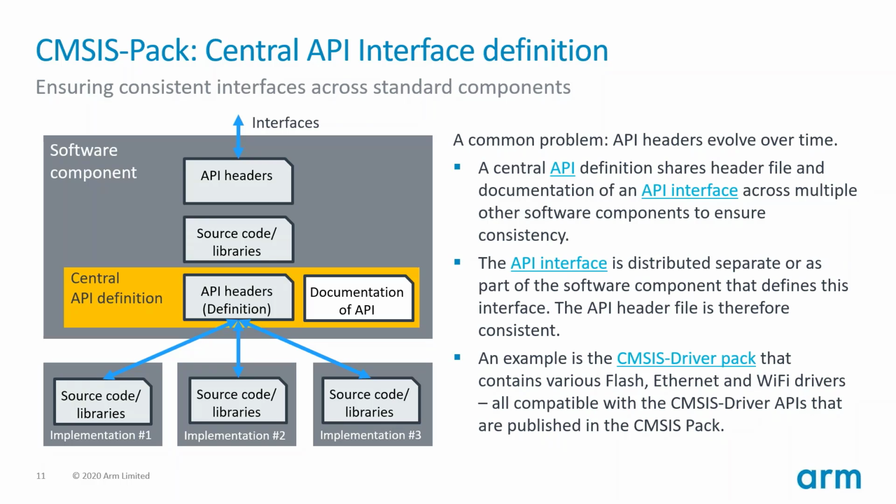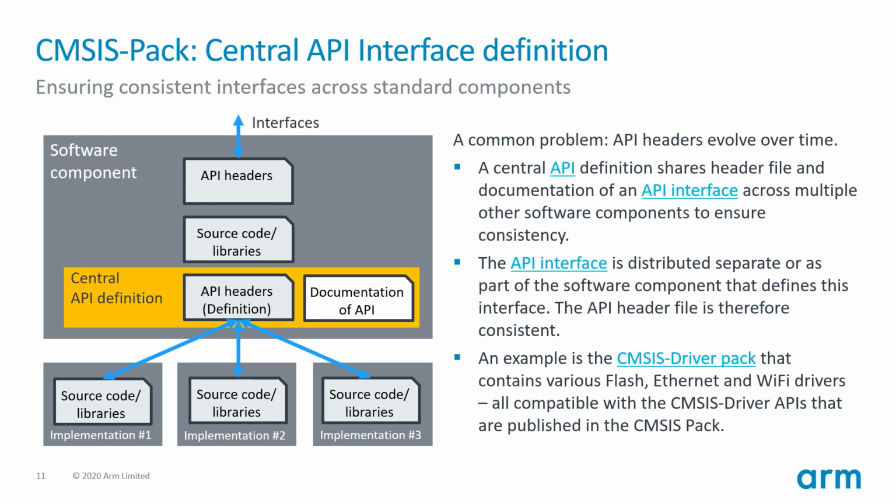This does not necessarily mean that the API definition needs to stay the same forever. You can actually evolve it. We are using semantic versioning to define the version number, so you can define whether you have actually new functionality in the API header, or whether you have only bug fixes, or if the API header is completely inconsistent, so that you need basically new implementations.